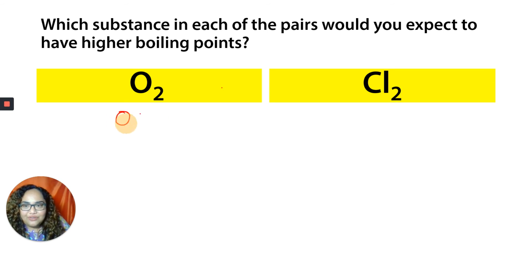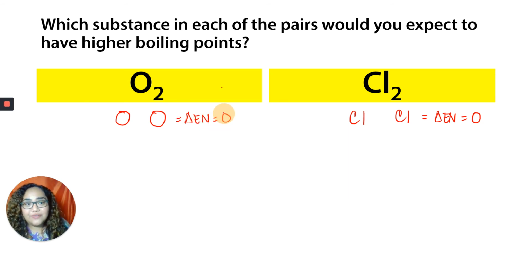Oxygen bonded with oxygen has the same electronegativity, and for chlorine the change in electronegativity would be 0, and this one as well. So both of them would have London dispersion forces, but which would have a higher boiling point?